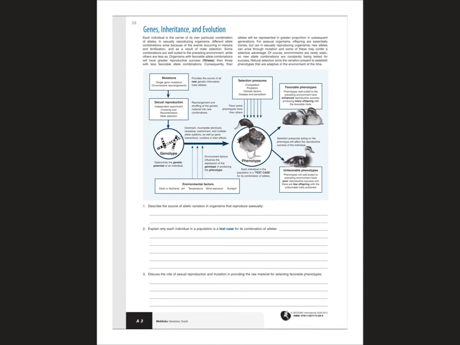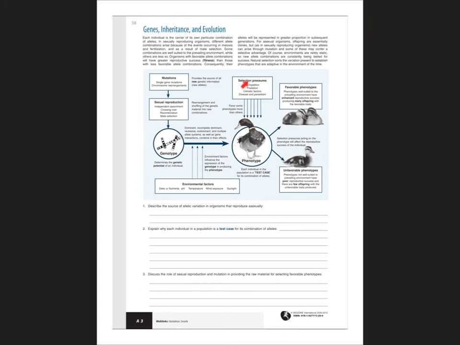If the duck has a thick layer of fat on it, or a thick layer of down, the small feathers underneath the big feathers, they might be able to take the cold temperature better. So climatic factors can start to impact whether that particular duck, with its particular set of alleles and therefore its phenotype, is in a favorable condition or not.